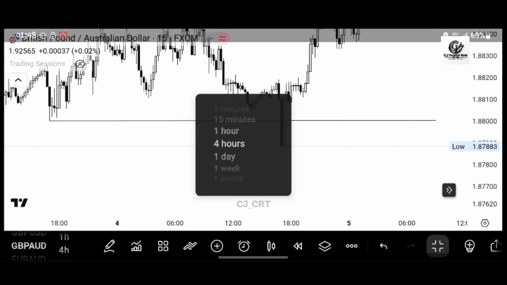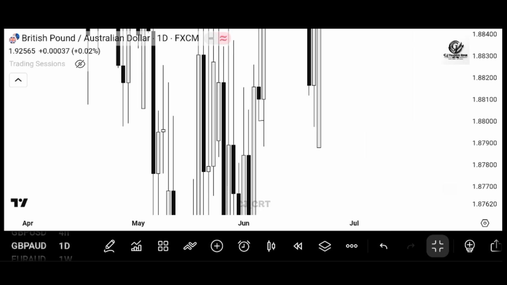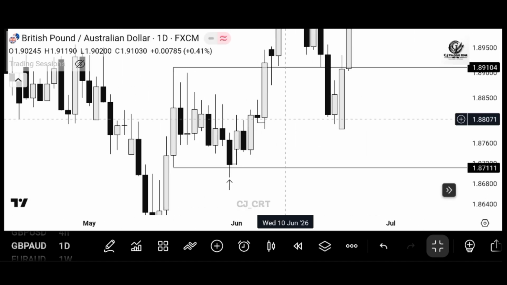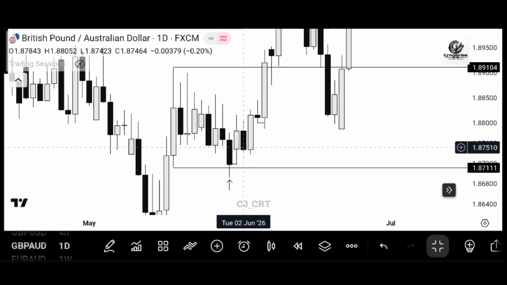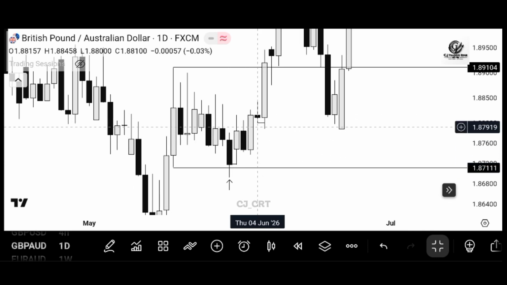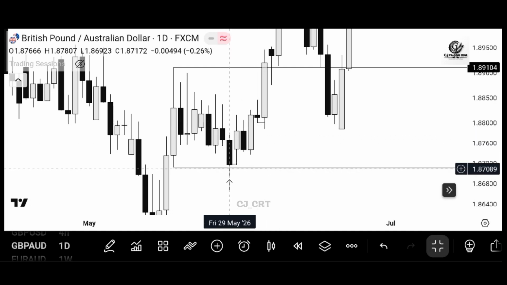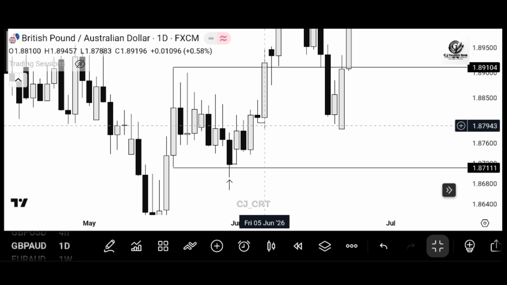So if you can get those 2 4-hour entries I just marked out, then you're good to go. I mean, you buy from here, 2 positions for the 4-hour CRT, one position for the total soup. Then you aim for the CRT candle's high.